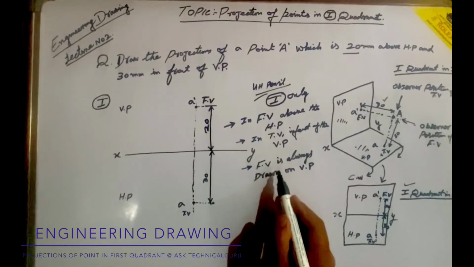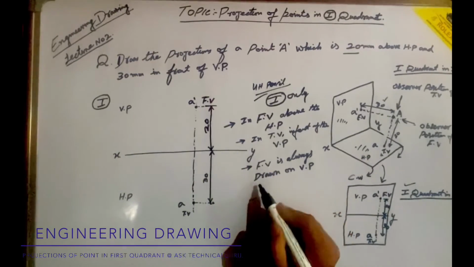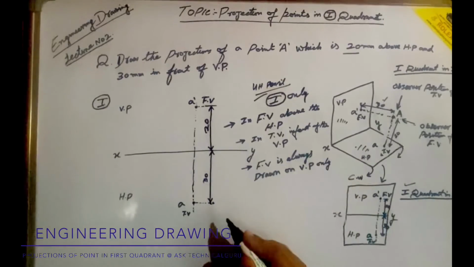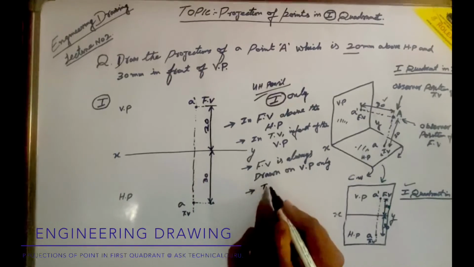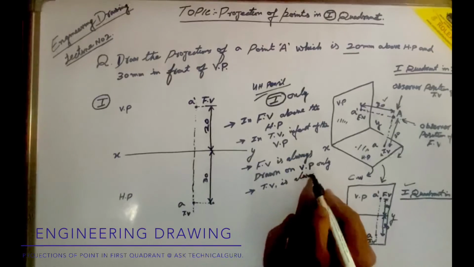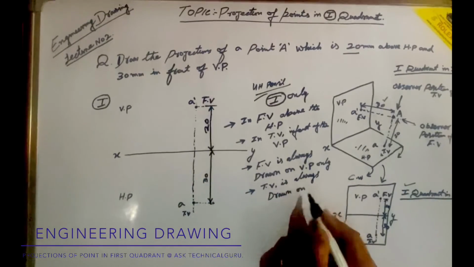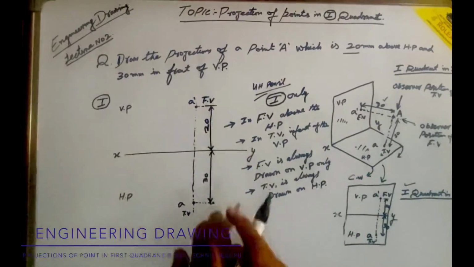Front view of any object, that may be a point, line, plane, etc., is drawn on vertical plane only. Okay. Fourth important point is that top view of any object is always drawn on horizontal plane. Okay, that is all quite evident here also.